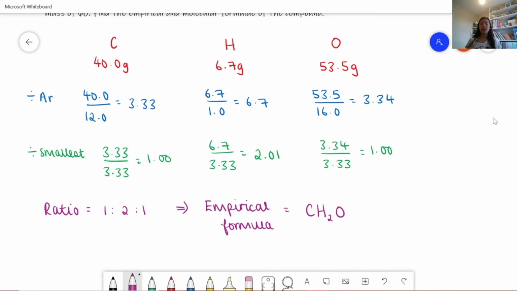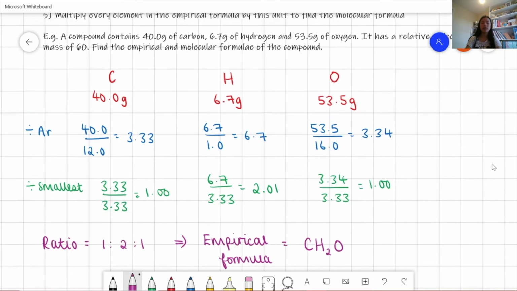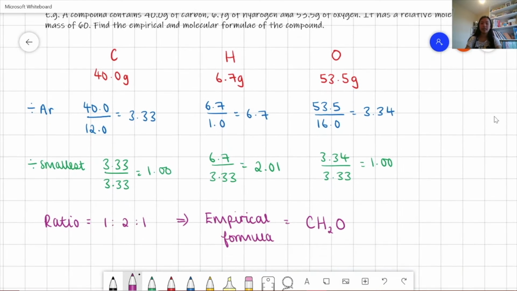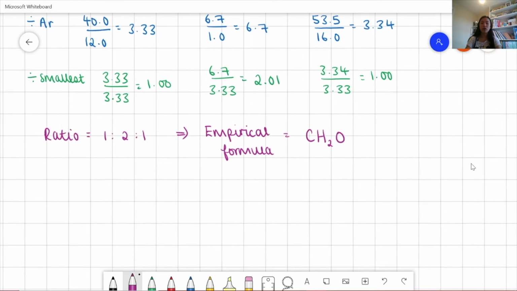And to find the molecular formula, we then find the unit of the empirical formula, and then multiply this empirical formula by the unit. So the molecular mass they've given us is 60. So that's the MR of the compound.